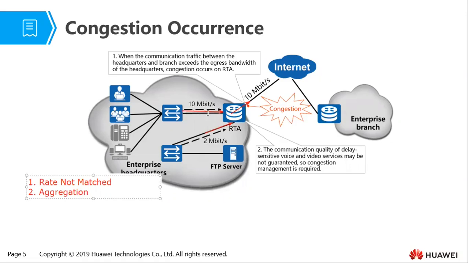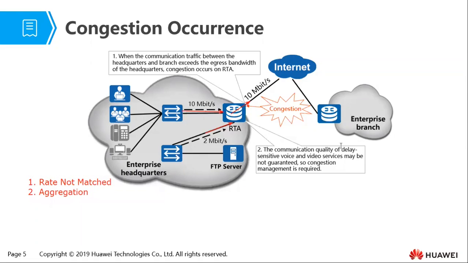For example, your LAN connects via 10 megabits per second, and another 10 megabits per second, but your egress is just 10 megabits per second, like what we have here. If you aggregate all these incoming packets, then when they go out, we are going to have congestion at that particular point.